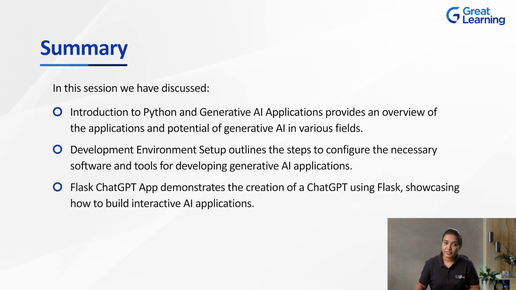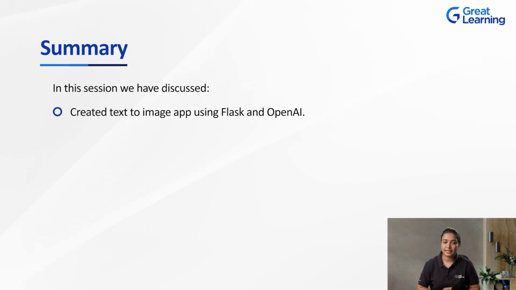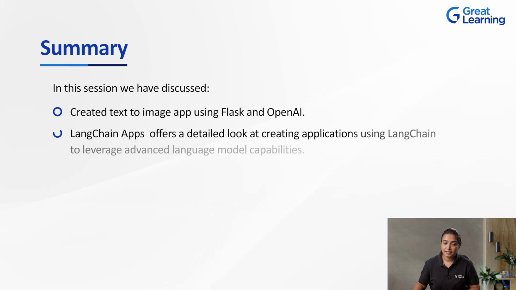Then, we had an overview of how to create a basic GPT sample with the help of Flask and OpenAI with a demonstration, followed by a text to image app demo. Again, we are using Flask and OpenAI there. Later, we talked about LangChain, which is one of the libraries available in Python.